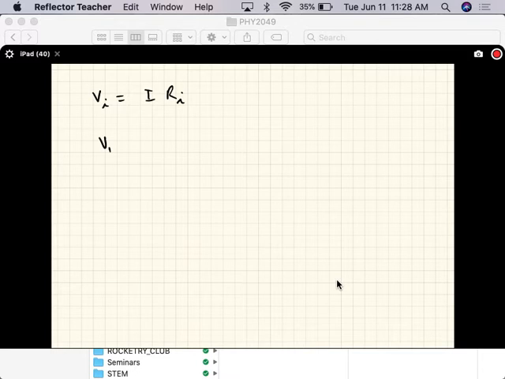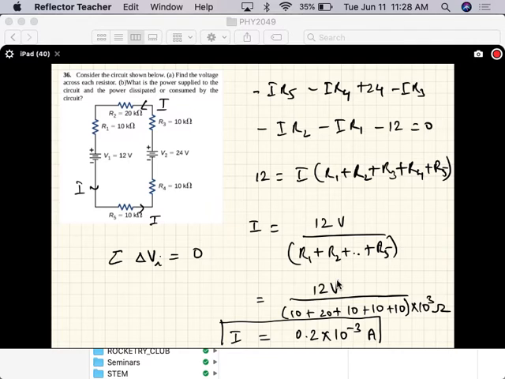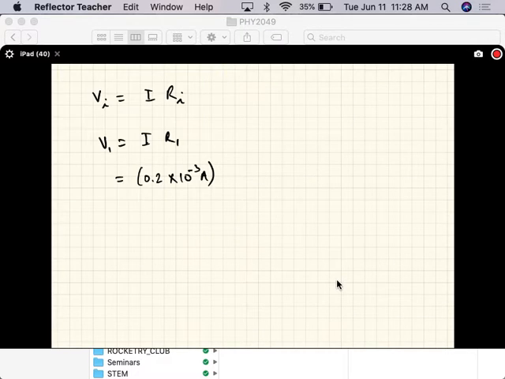I'll just find V1 and you guys can find the rest. So it's I times R1. I is 0.2 times 10 to the minus 3 amps, and R1 is 10 kilo ohms. Okay, so 2 volts.